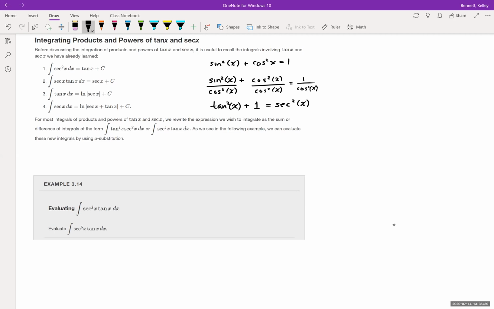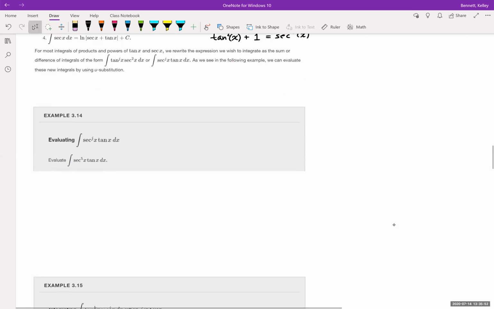So, okay, before I was like, oh, I have a bunch of cosines and a sine. Well, sine is the derivative of cosine, up to a plus or minus, so that's a good pair to have. In this instance, what you want to think about is if you had secant x and you took the derivative, you would end up with secant x tan x. So instead of just peeling off a tan, we need to peel off a secant tan.